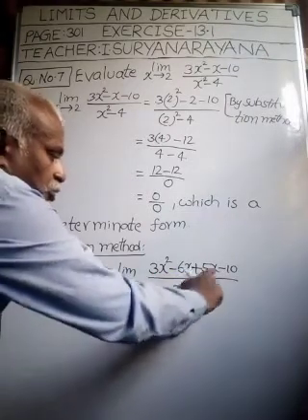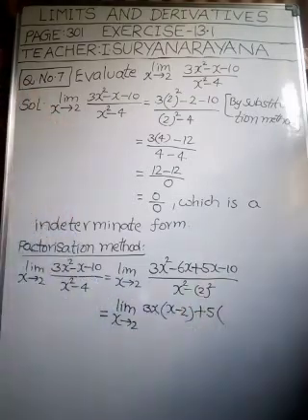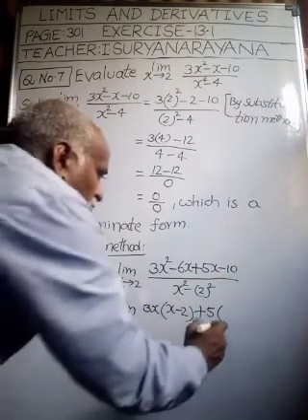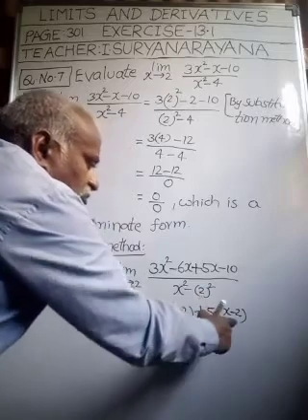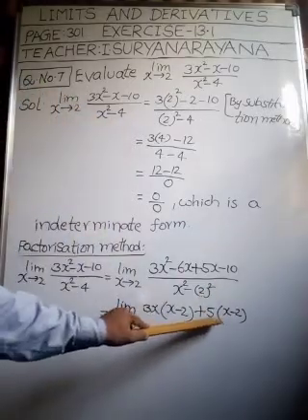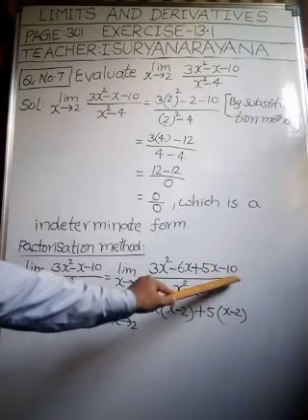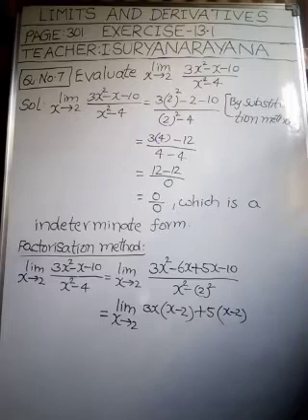From the last two terms, what is the common factor? 5. 5 is a common factor. So we take out the common factor 5. Then what will you get? x minus 2. Understood this step, my children? If you use the distributive property, 5 into x, 5x, 5 into minus 2, minus 10. We get the same terms. Understood this step, my children?